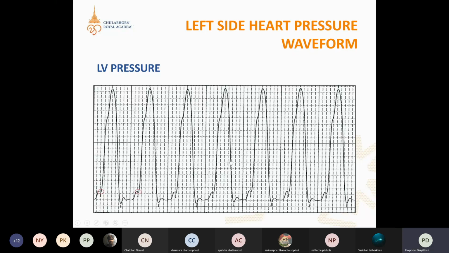The importance of the LV pressure is that the doctor wants to know about the LV EDP, or left ventricular end-diastolic pressure, which is here. This is the LV EDP. Actually, this LV EDP aligns with the R wave, because the LV EDP is the end of the diastolic phase, right?